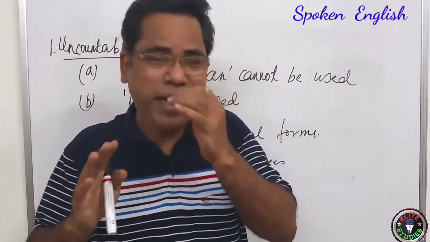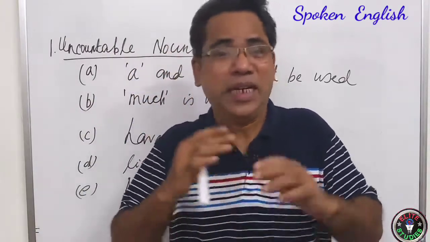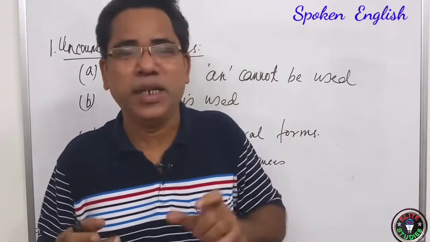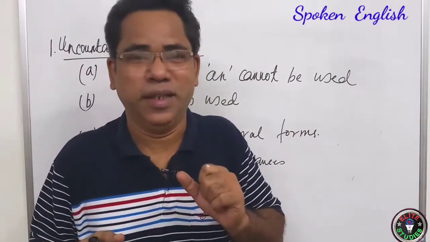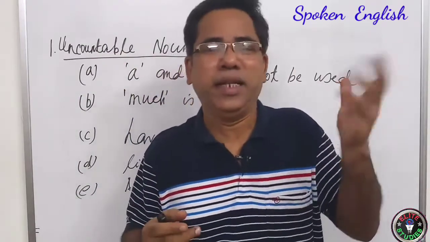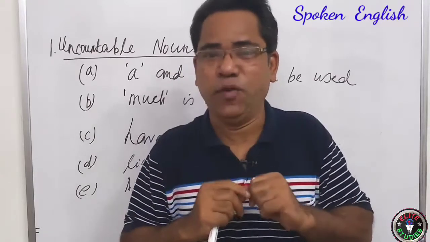I say again and again that you need only informal grammar, but it does not mean that you say there is many sugars in this pouch. There is much sugar. And it is not there are much boys playing in the ground. No, there are many boys playing in the ground. So here you should be very careful.